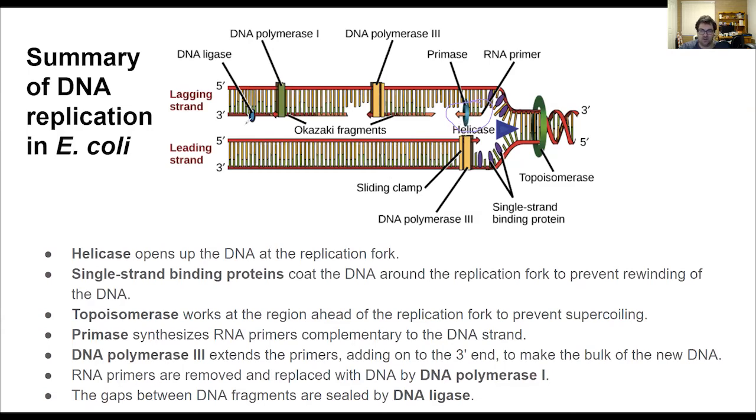And one of those strands will form in the 5 to 3 direction, and that'll just go along in a straight line. The other strand, which is the lagging strand that loops out from the replication point, has the DNA constructed in patches along it.